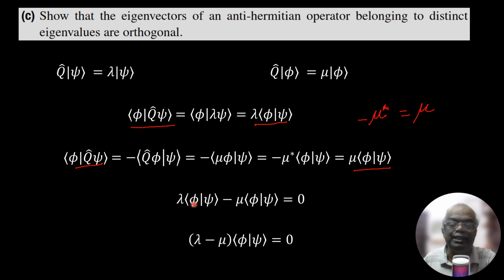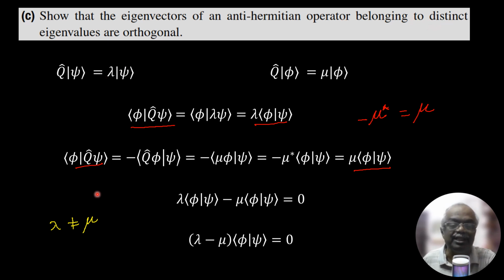That is, lambda times the inner product of phi with psi minus mu times the inner product of phi with psi is equal to 0. This can be written as lambda minus mu times the inner product of phi with psi must be equal to 0. Here we have taken lambda not equal to mu, because the problem itself asks about distinct eigenvalues.